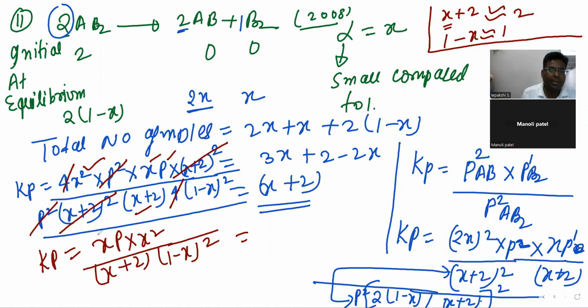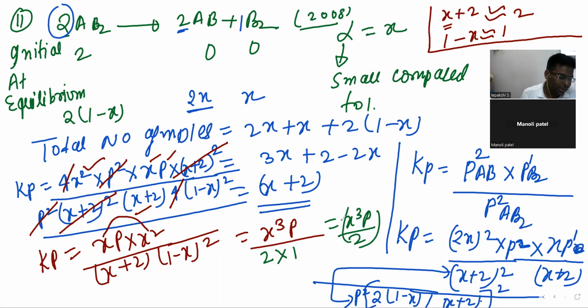Putting the values, it becomes x into x square, that is x cube into P, divided by x plus 2 which is 2, into 1 minus x whole square which becomes 1. So it will be x cube P divided by 2. That is your equilibrium constant.